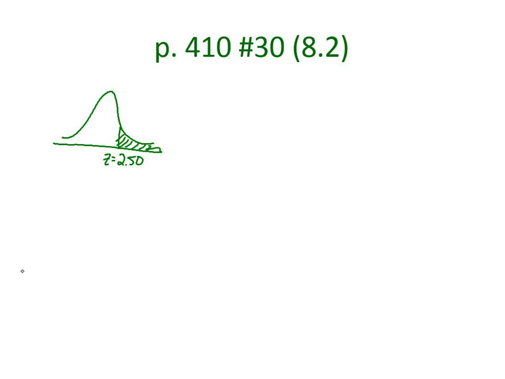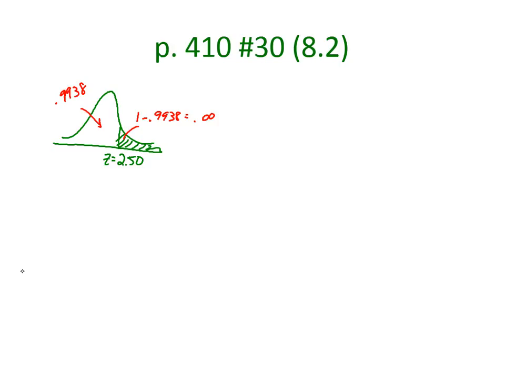So what is the probability to the right of z being 2.50? So the area to the left on your table was 0.9938. So this is going to be 1 minus 0.9938, which you said was 0.0062.